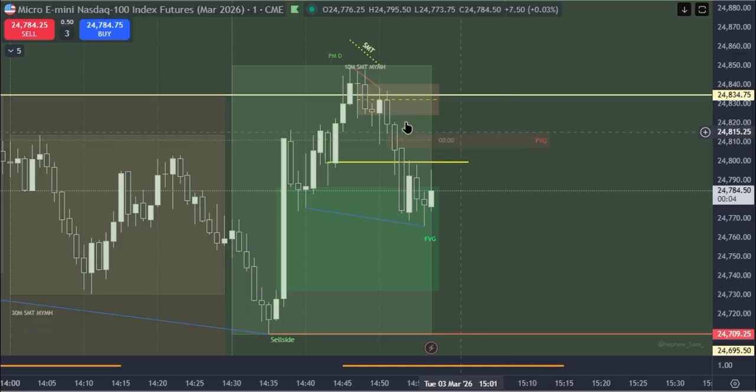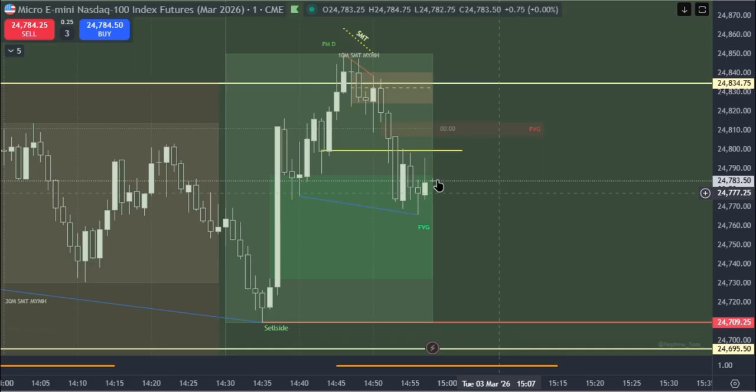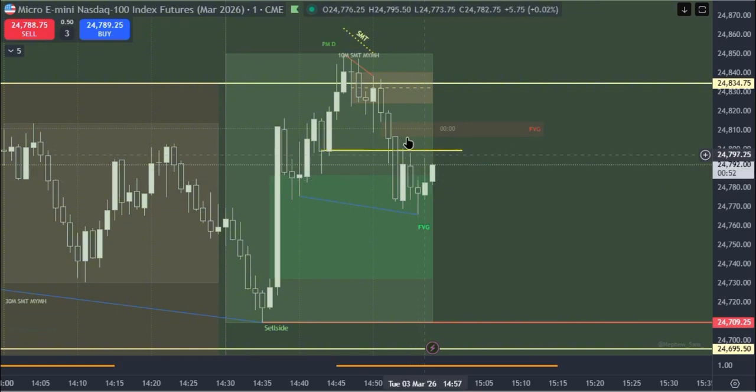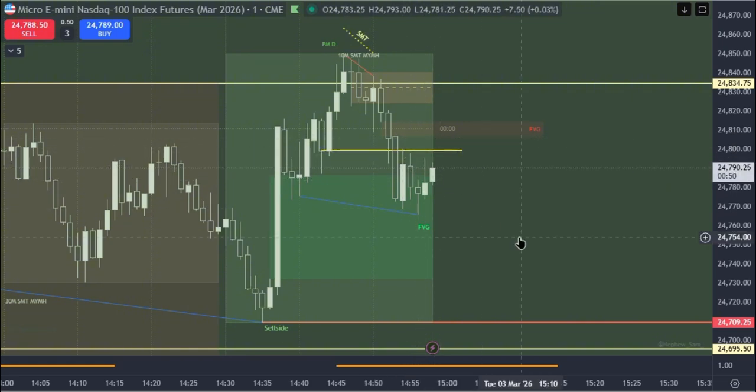I want to have another fractal SMT up here somewhere in order for me to push the button. If it dumps without me, then it dumps without me. But yeah, I want some of these candles to be purged, have a form of SMT.